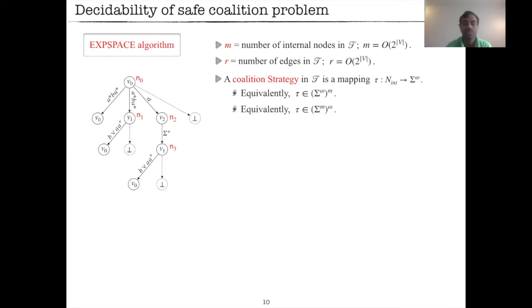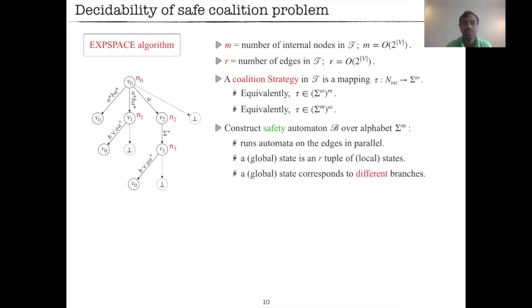Again, equivalently, it can be written as an omega word over sigma power M. Now we construct a safety automaton B over the alphabet sigma power M that runs the automata on the edges in parallel. A global state in B is an R-tuple of local states.